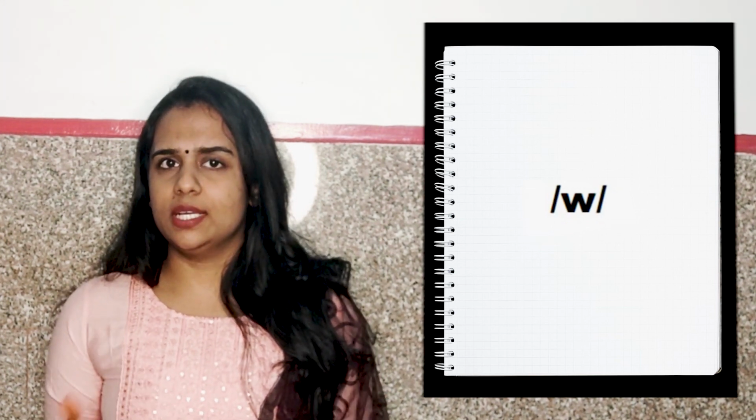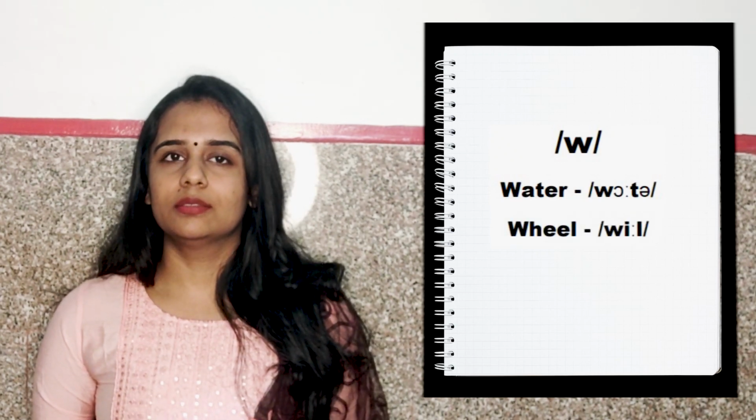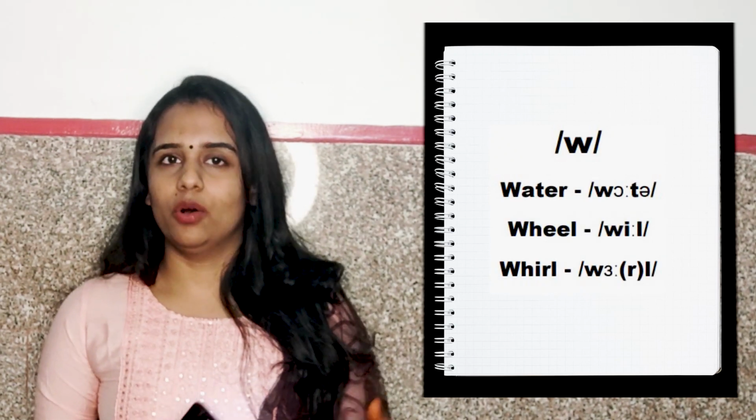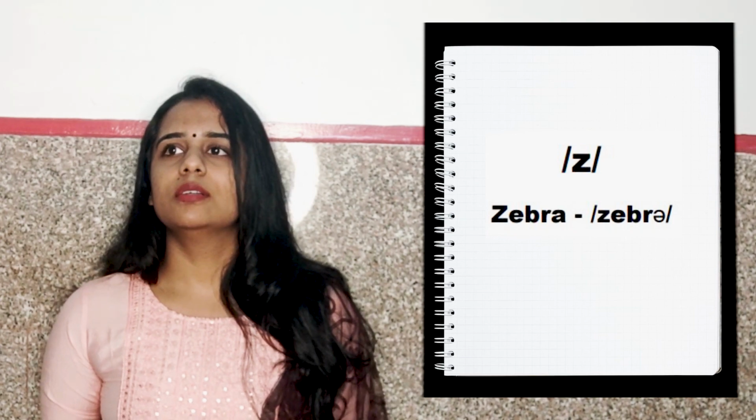And our next sound is W. And the words which make use of this sound are water, wheel, whirl, all these words. Our next consonant sound is Z. And the words which make use of this sound are zebra, zing, all these words.